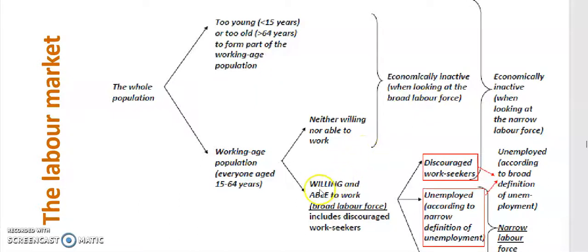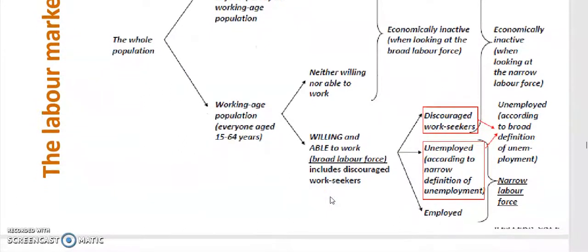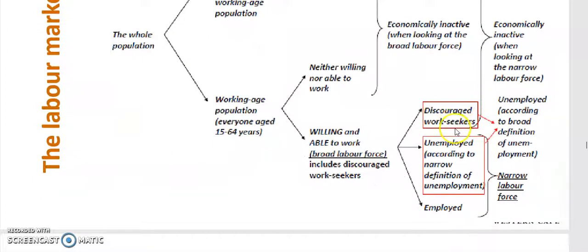And then coming to those who are willing and able to work, they are further divided into discouraged work seekers, unemployed people according to the narrow definition of unemployment, and then those who are employed.